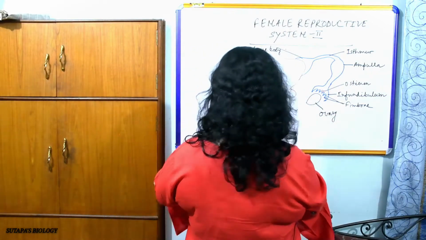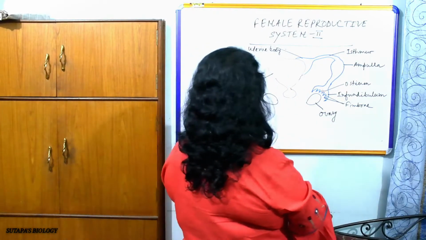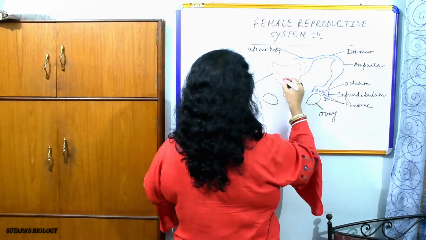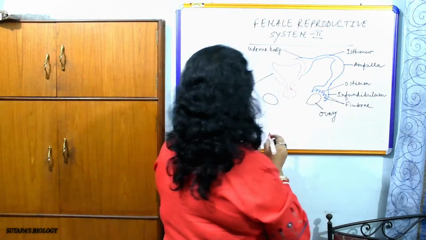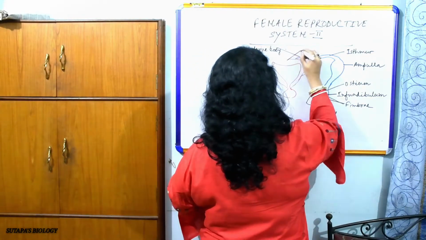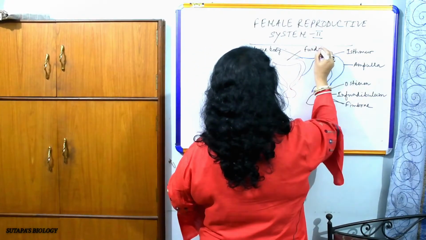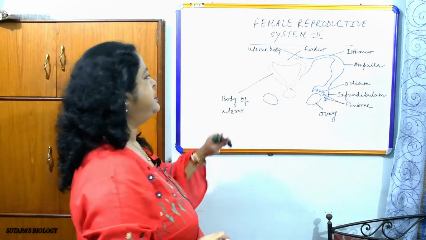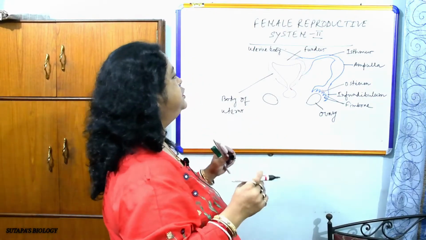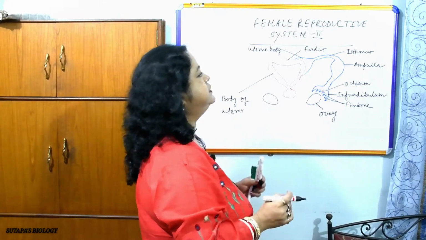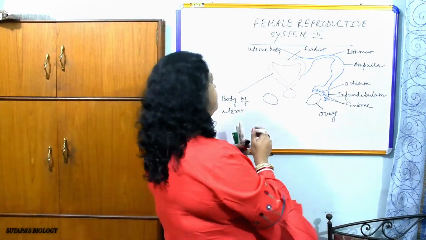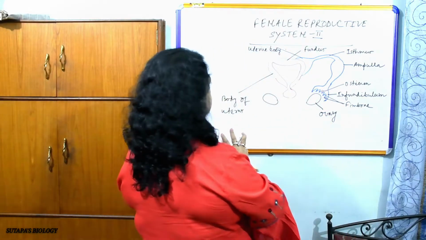The tip, that is the upper part of the uterus, is known as fundus. It's a very muscular part and it's known as fundus. The implantation takes place in the fundus as it's mostly the muscle-rich part. So fundus is the muscle-rich part, and above the fundus, the region is known as mons pubis, which remains covered by hairs in case of female after puberty. And this is known as fundus.